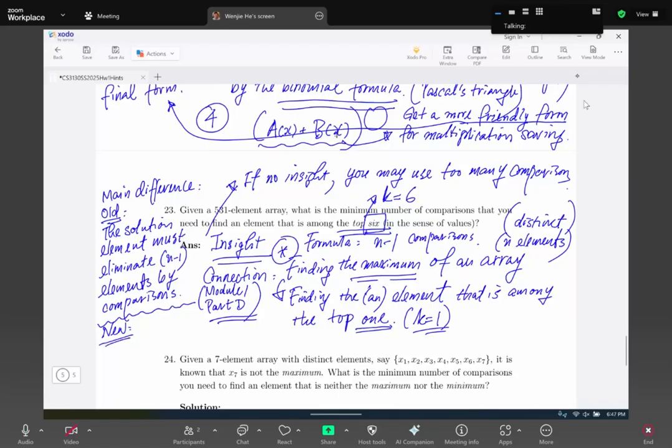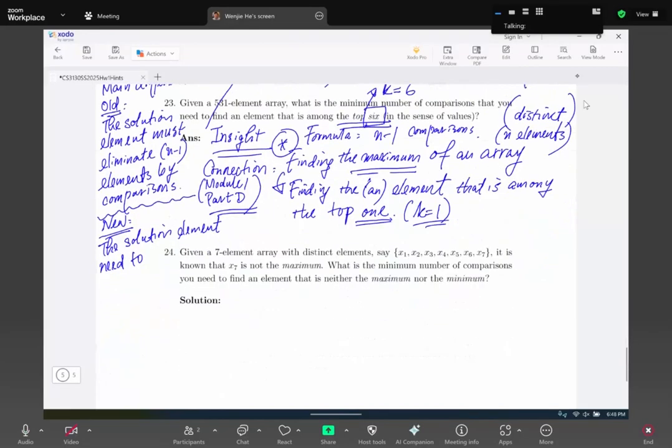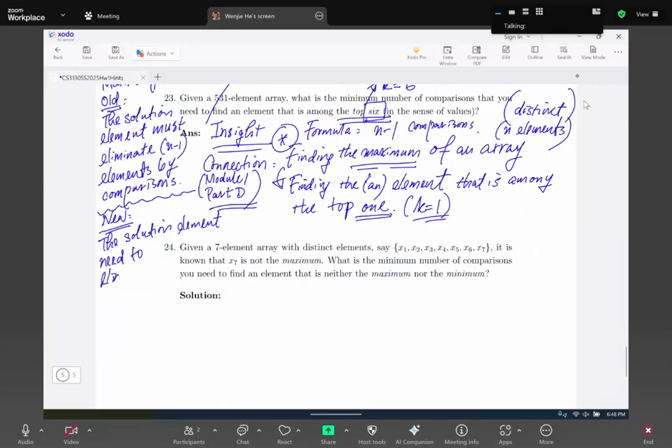For the new version, the solution element needs to eliminate at least a certain number of elements.